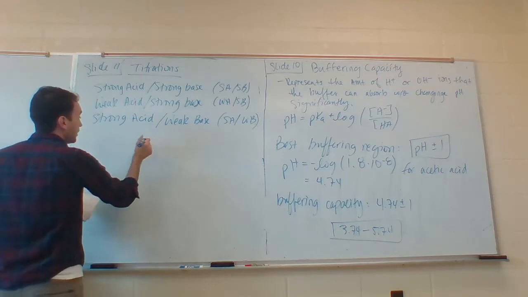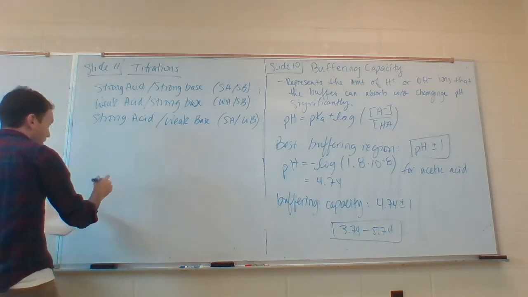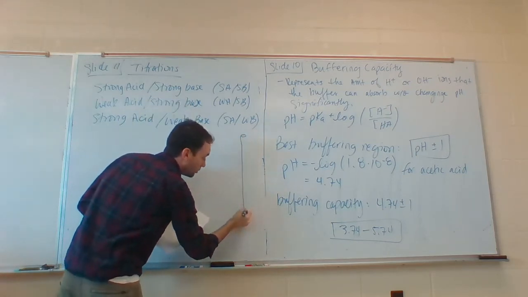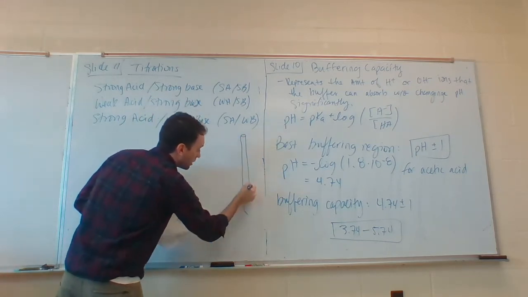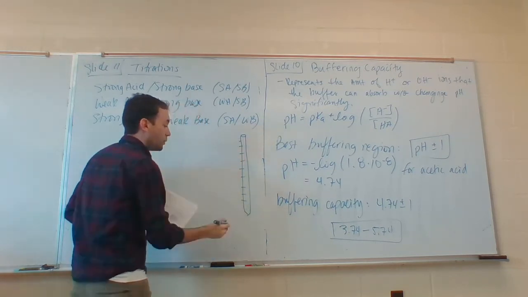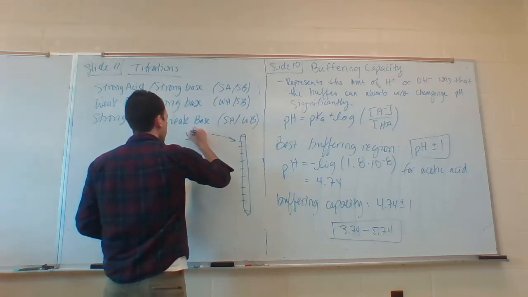Now, what we do in a titration is we have the burette, the long tube, right? It's got little markings. And a burette tells you the amount that you added.